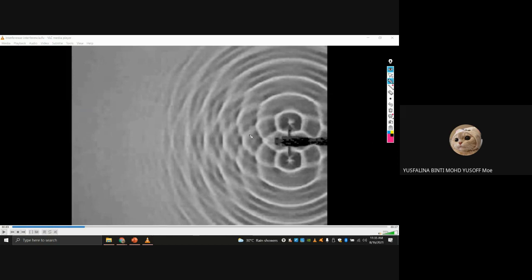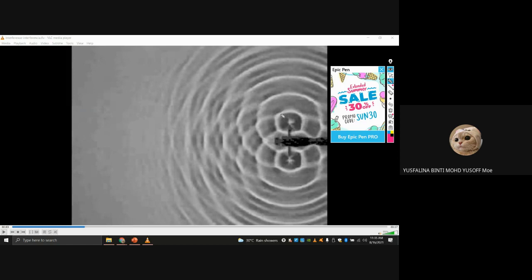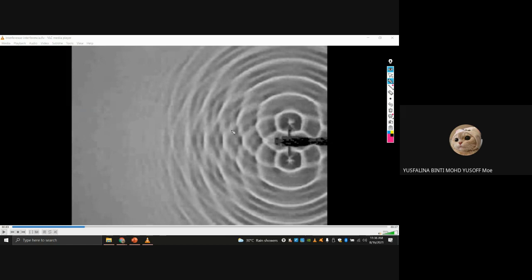Okay, so here you can see this is the crest, right? The bright one is the crest. You already know that when the waves are produced, here they will make the bright one, and this one should be the dark line.